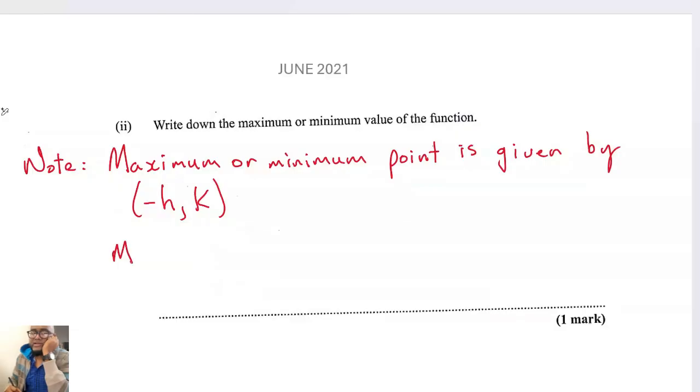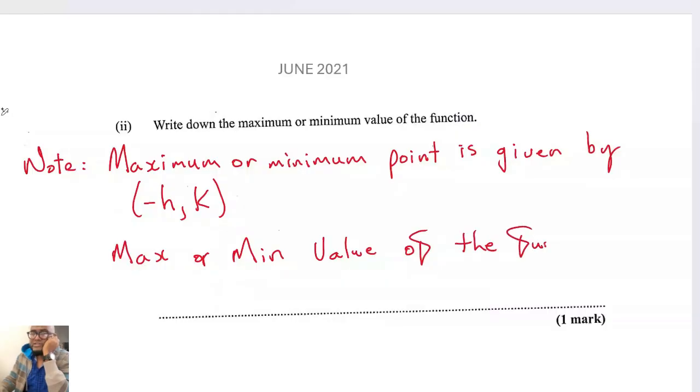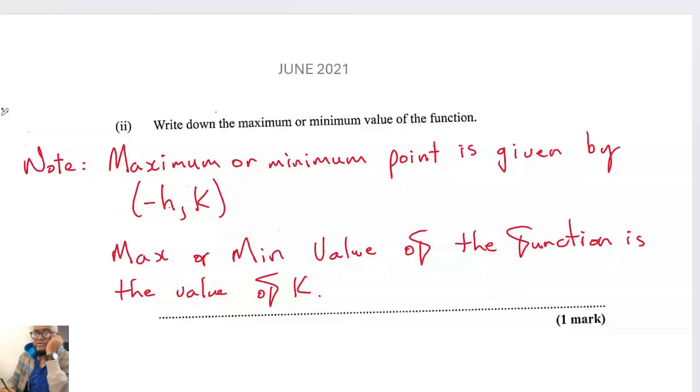Then your maximum or minimum value of the function is the value of k. So these two coordinates here, -h, comma, k, would actually be the lowest value.